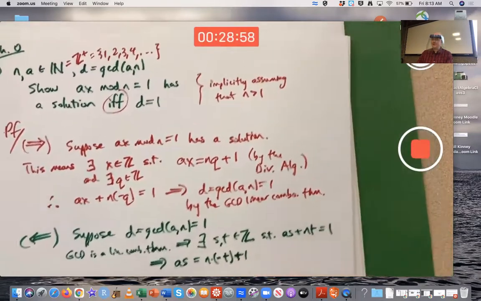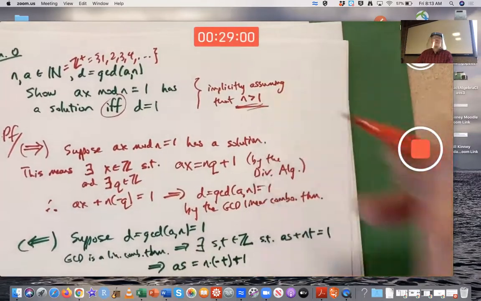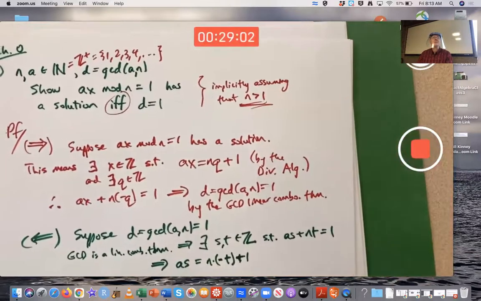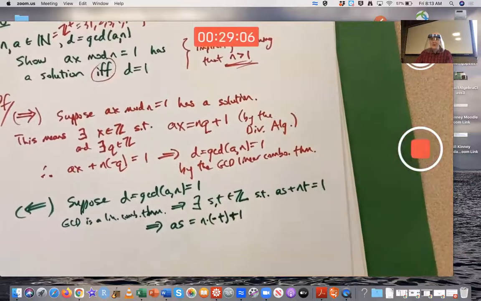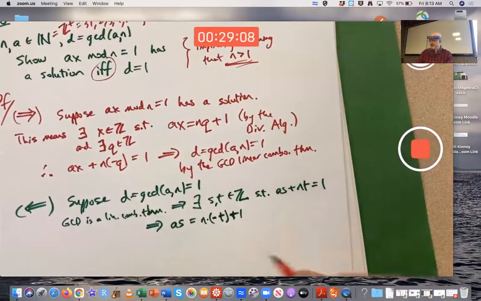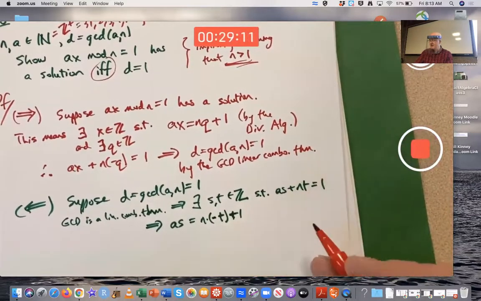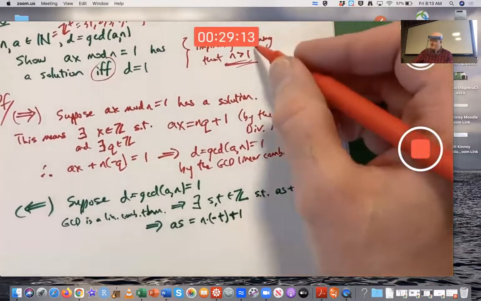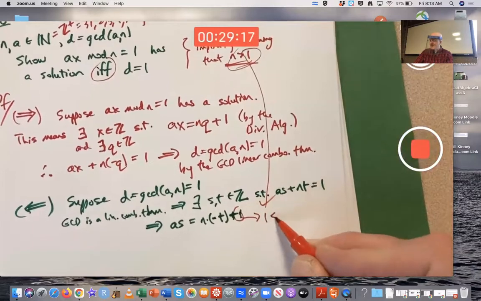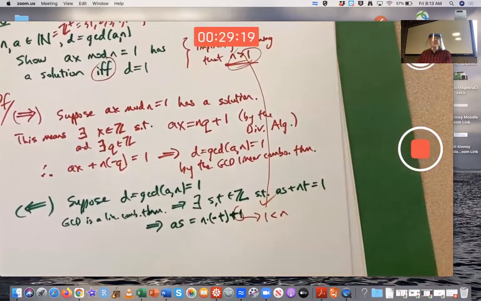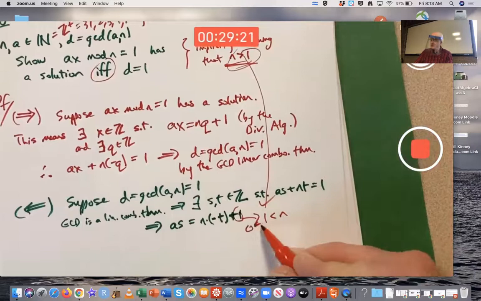Yeah, here you do need to use the fact that n is bigger than 1. When you divide by 1, you always get a remainder of 0. But if n is bigger than 1, if it's 2 or greater, then definitely 1 is less than n. And it's definitely greater than or equal to 0.